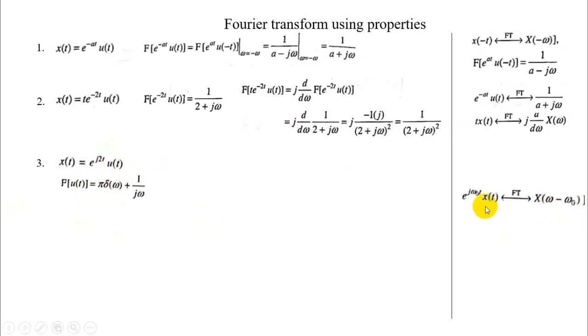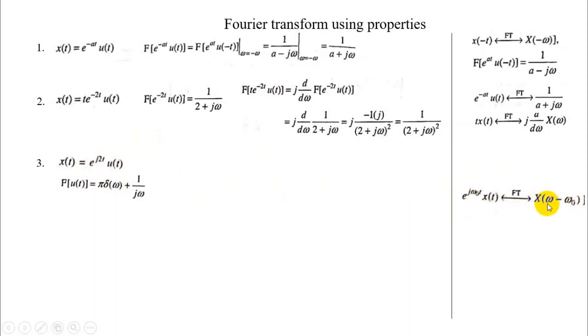We have the properties. If you want to transform any signal in terms of Fourier transform, and the Fourier transform of x(t) is X(omega), and you need to transform in this fashion, then if we compare, this is the x(t) and this is the e to the power j omega naught t. Here omega naught is 2.